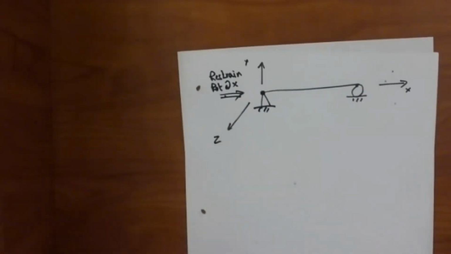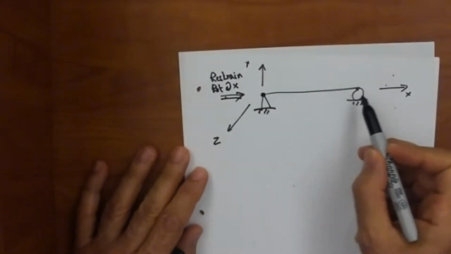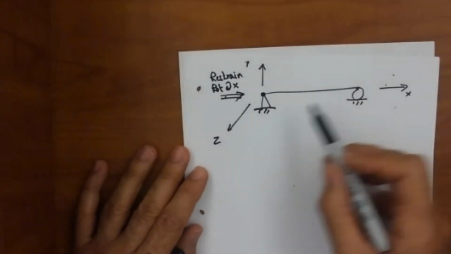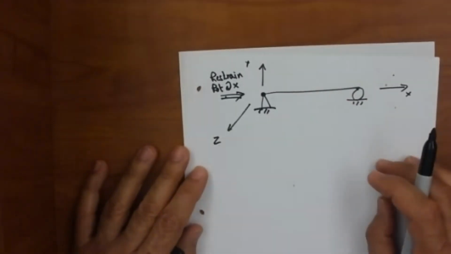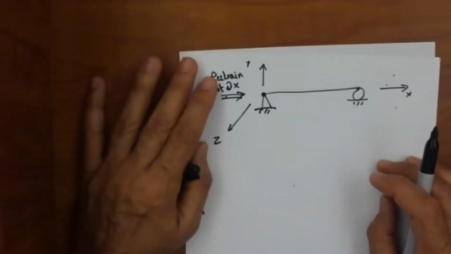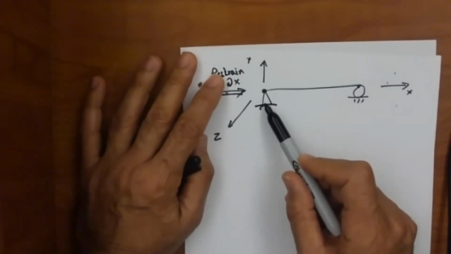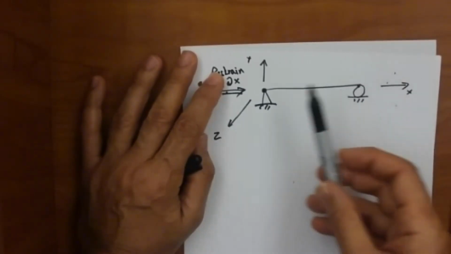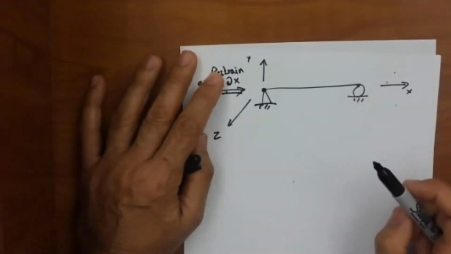So we are working on a beam that is one-dimensional, but we are working in 3D, in X, Y, and Z. We have a pin support at the left end and a roller support at the right end. And we are used to these symbols when we are working in plane.